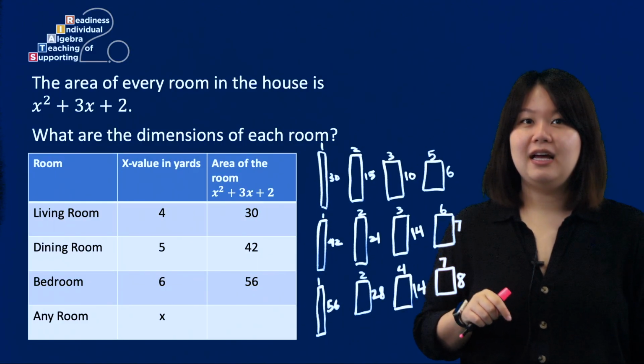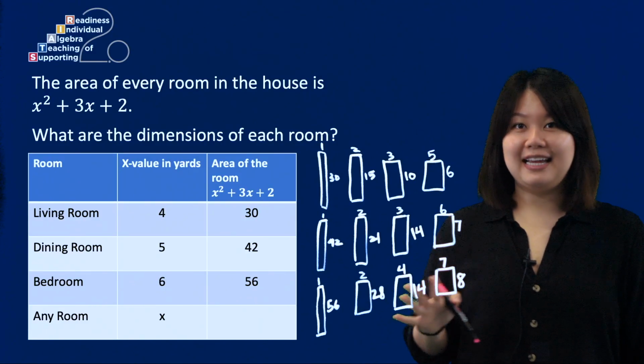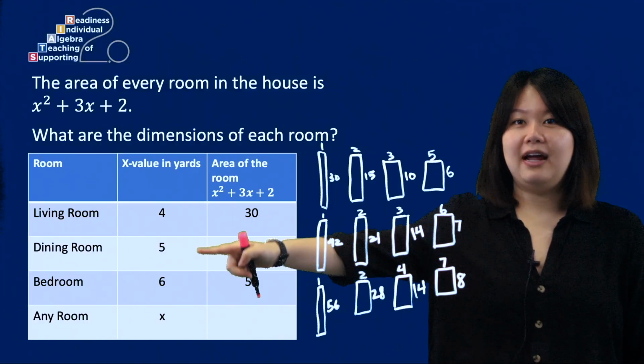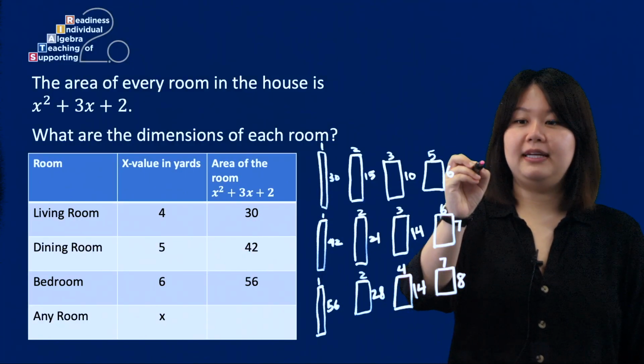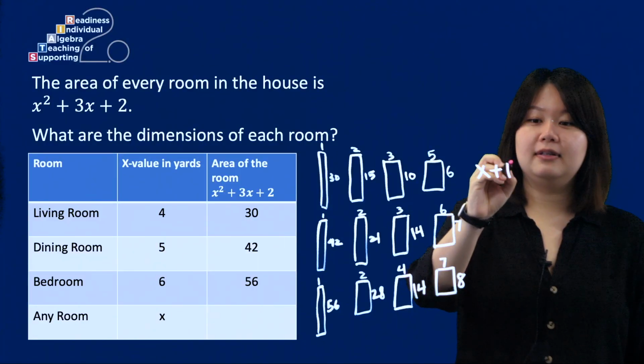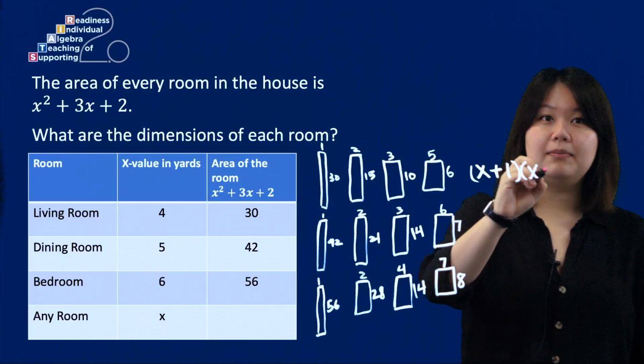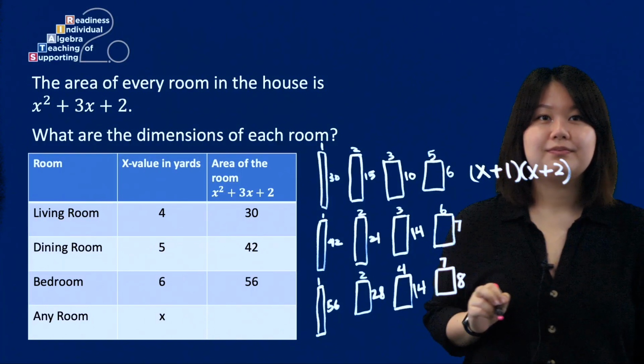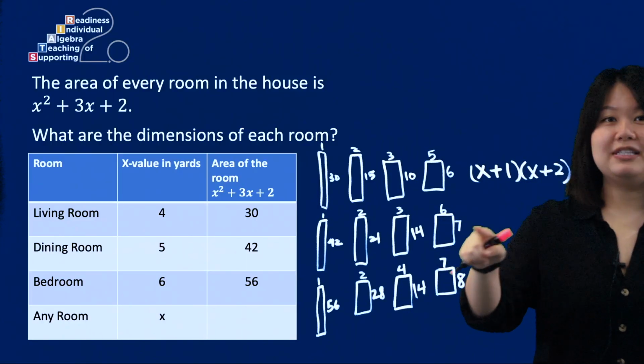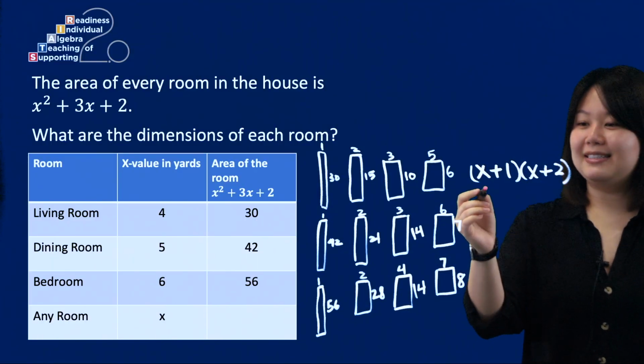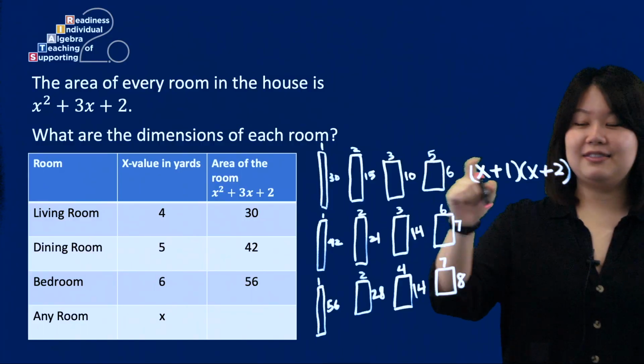And students can say, well, if that's the rule for this case, it looks like for every x, the factors will be x plus 1 and x plus 2. And we can check this by using one of the sets of factors.